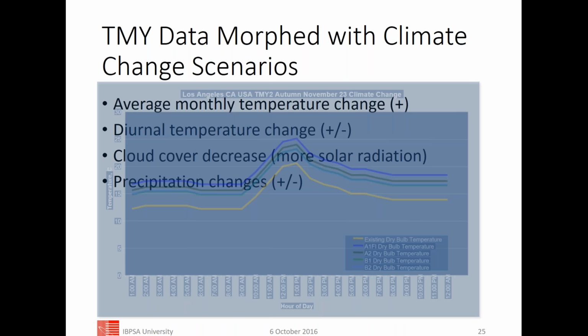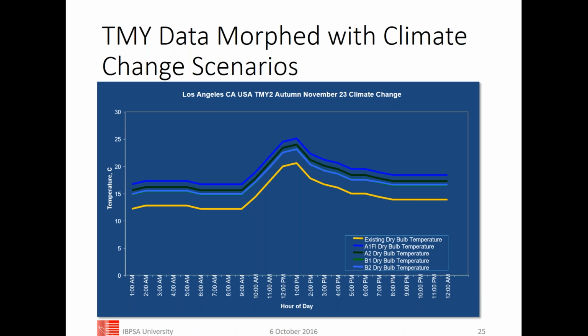What this looks like, from the TMY2 data, is the yellow is the existing temperatures over the day, and then the four scenarios that I talked about earlier, showing what the temperatures would be. You only see three lines because two of the scenarios are on top of each other. The B1 and the B2 happen to, for Los Angeles, predict the same data.